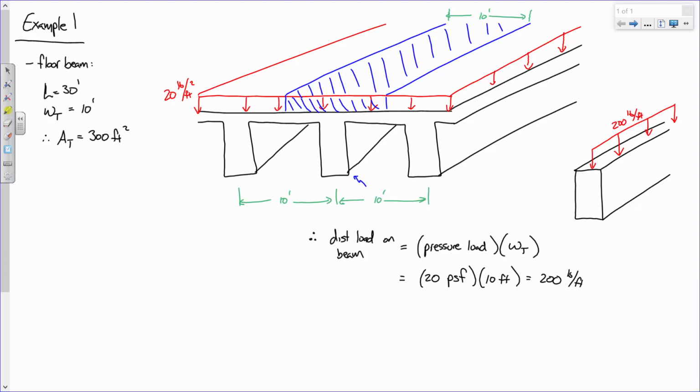Sound good? So therefore, now remind me, how long was this beam again? 30 feet. So what you're telling me is I have a beam that's 30 foot long that's being subjected to a 200 pound per foot distributed load. Right?